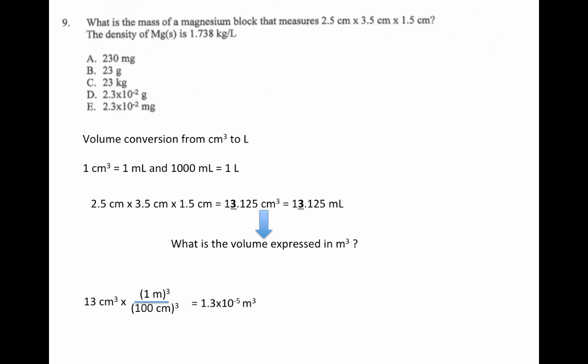So we'd take the 1 meter, cube that whole term, the 100 centimeters, cube that whole term, which is 100 times 100 times 100. This is how we end up doing a volume conversion involving cubic units. This is a good thing to give a little bit of practice to. So you might want to pause the video and see if this part makes sense to you.